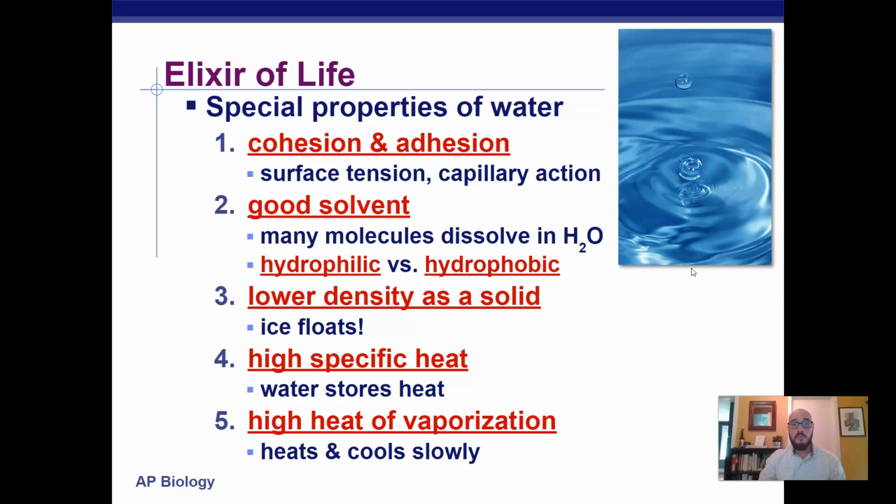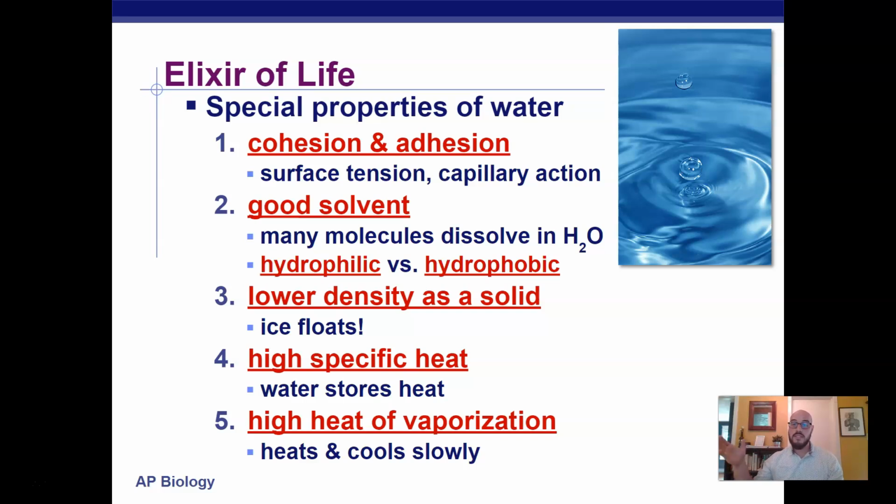That stickiness, that polarity, gives us a couple of really interesting properties. The first one is going to be cohesion and adhesion. So cohesion is the attraction of water to itself. Co means together, so all of the water hanging out together is cohesive. Whereas adhesion, okay, think addition or adhere to, so that's sticking to something else.